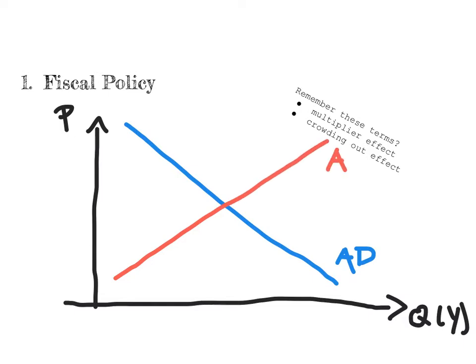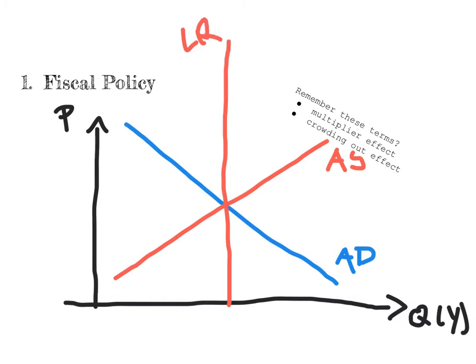Note this is short run aggregate supply, right? We're not going to get into why we have different long run aggregate supply and short run aggregate supply, but just for completeness's sake, I'm going to put the long run aggregate supply curve here.